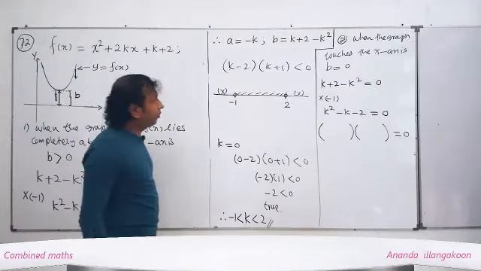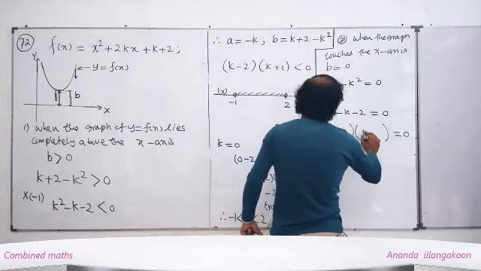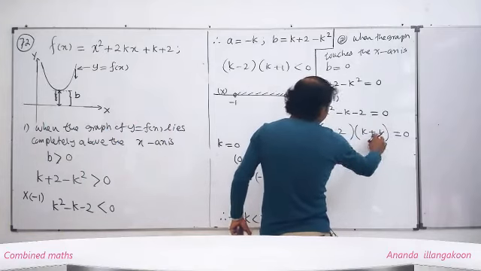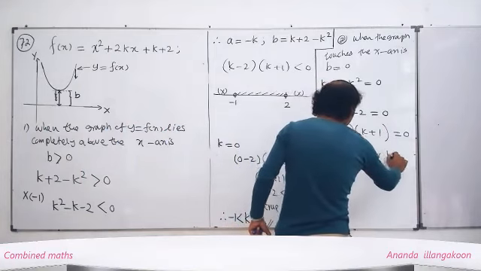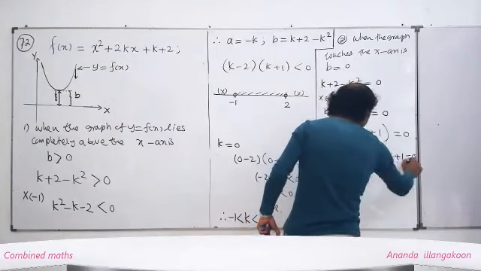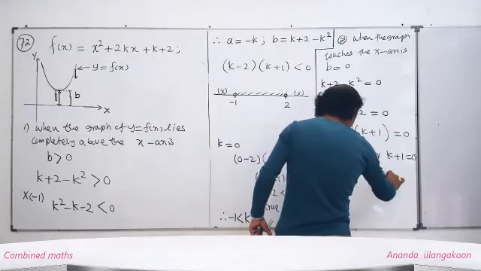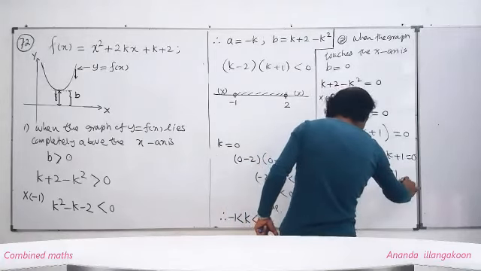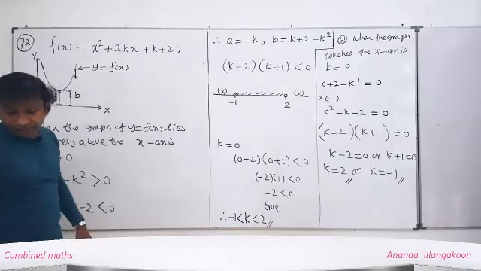The same thing as before, we have the factors. Then we get k minus 2 equals 0, or k plus 1 equals 0. Then k is 2, or k is minus 1. Second answer we got.